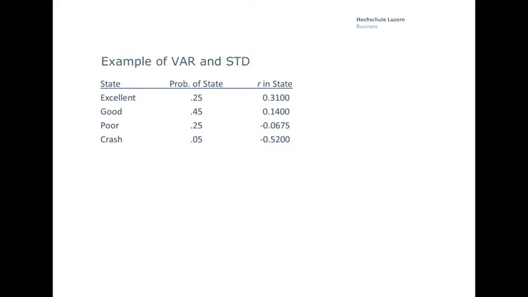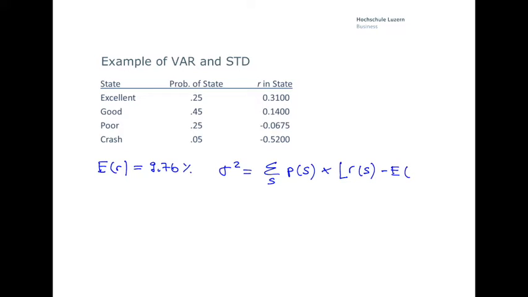Variance and standard deviation. Let's calculate the variance and standard deviation of the stock index fund we have previously looked at, where we calculated an expected rate of return of 9.76%. As you have seen from the previous slide, the variance is actually the probability times the deviation of each actual return to the mean.